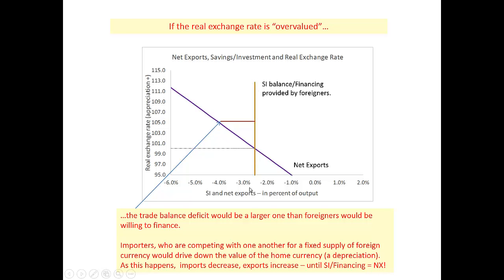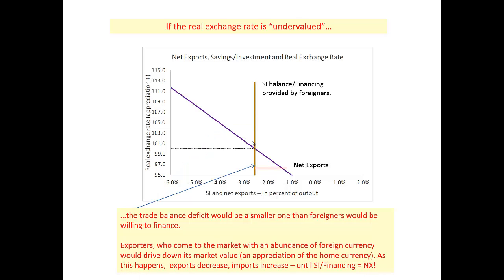That's going to drive down the value of the home currency. We call that a depreciation. And as the value of the home currency is declining relative to the foreign currency, imports are going to be decreasing and exports are going to be increased until our savings investment balance is identically equal with net exports.